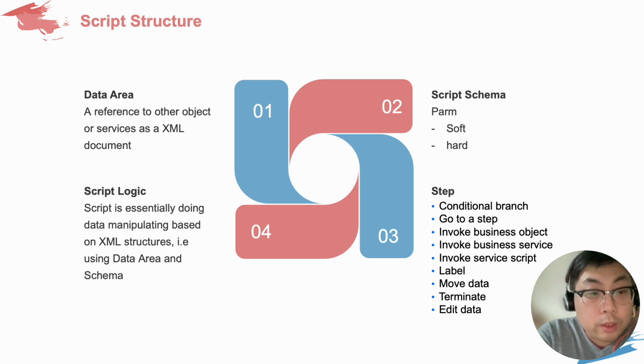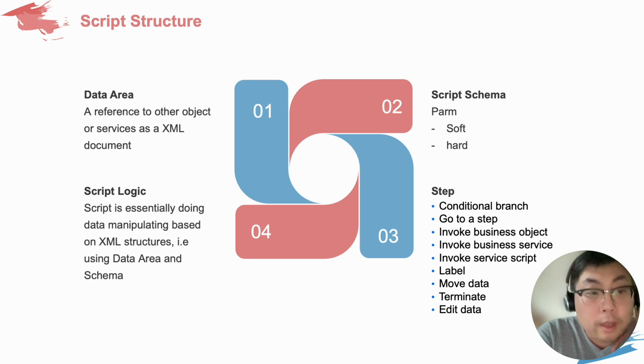Which means when the script is running, whatever has changed, when you're calling a service, what data has been sent in and what comes out, will be recorded as a part of the data area, a part of the schema for this particular script.